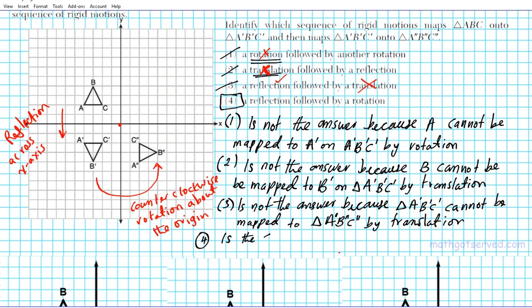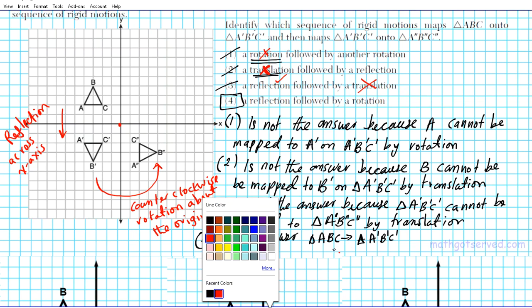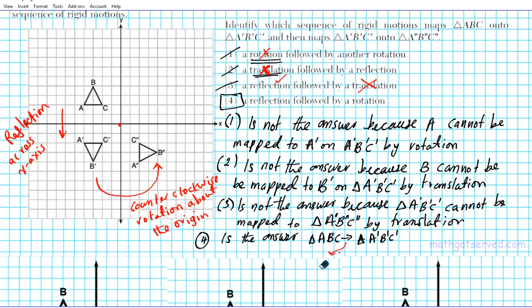How do we know? Because you can go from triangle ABC to triangle A prime, B prime, C prime by the first transformation, which is a reflection.